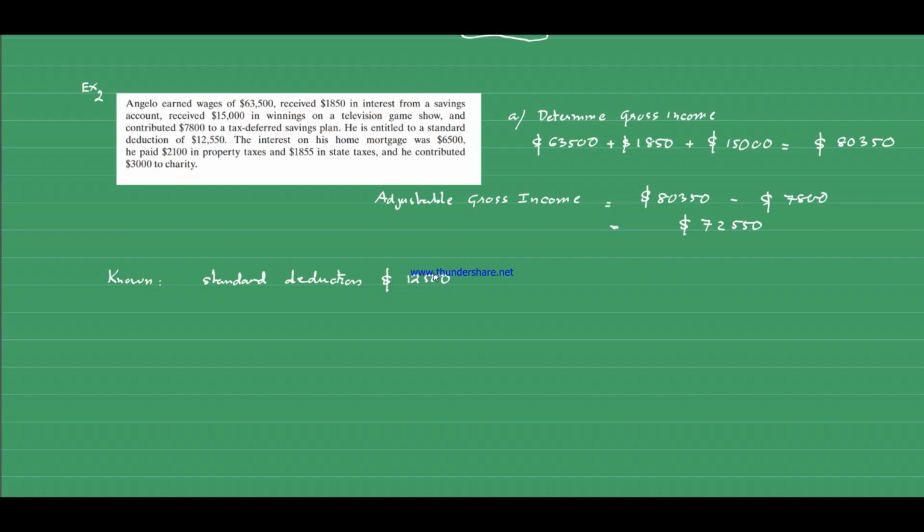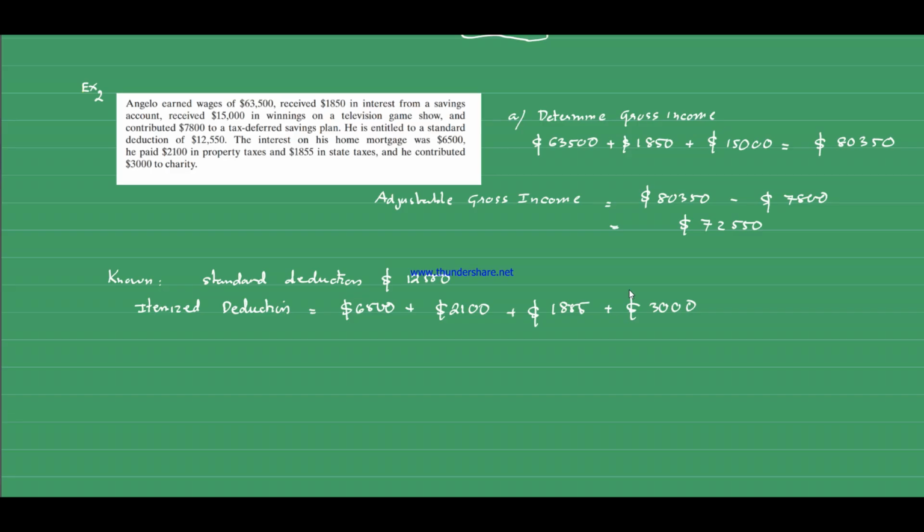Now I already told you there are two different deductions, itemized deduction and standard. So we gotta see which one we're gonna use. So we need to calculate the itemized deduction. The itemized deduction is the sum of the mortgage and property tax and state tax and the charity, and you add all of this up.